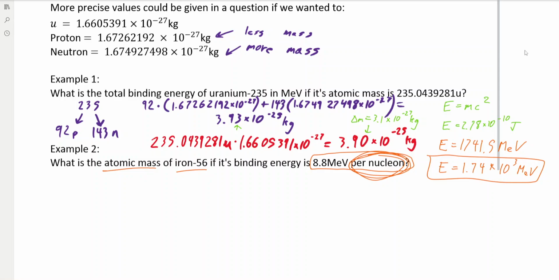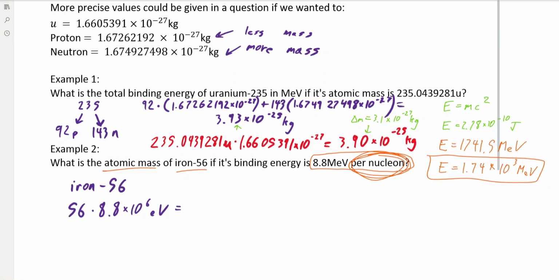This is important because iron 56 has 56 nucleons. So if we want to find out the total energy, it's going to be like this, right?